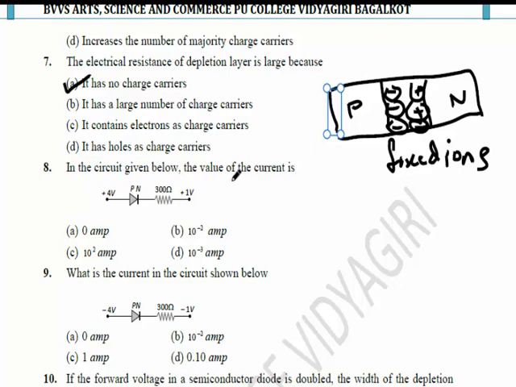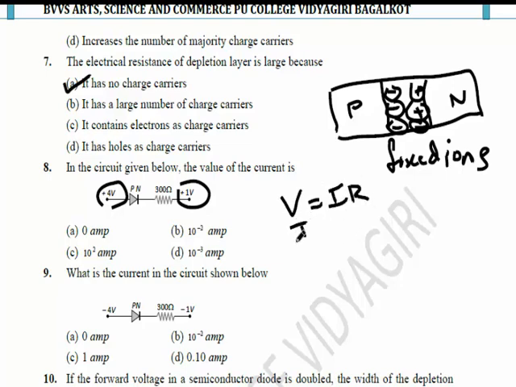In the circuit given below, what is the value of current? See here, this is plus 4 volt, and this is plus 1 volt. The resistance is 300 ohm. We go for Ohm's law: V equals IR.